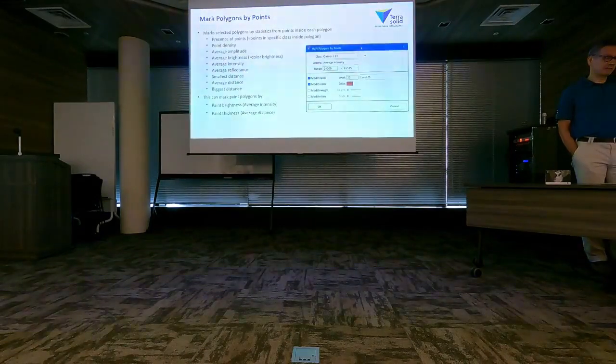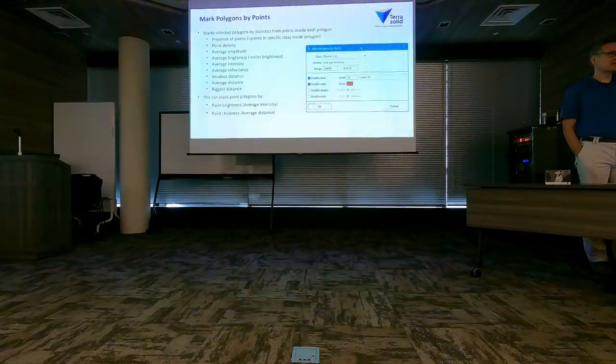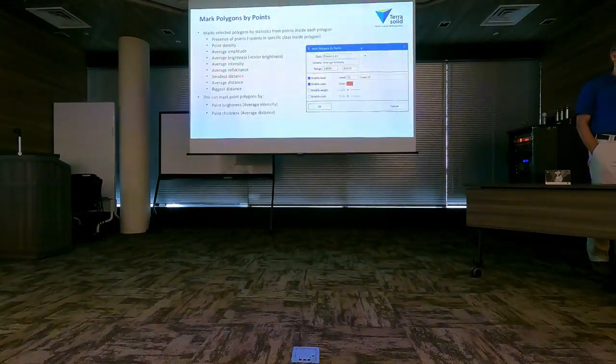So when we have some polygons as vectors, this can look at points inside each polygon, and if the number of points, point density, average intensity value, average distance value falls into a given range, it will move the polygon optionally to a dedicated level. So in the case of paint thickness, I can use this to mark all paint polygons where the thickness is not enough.